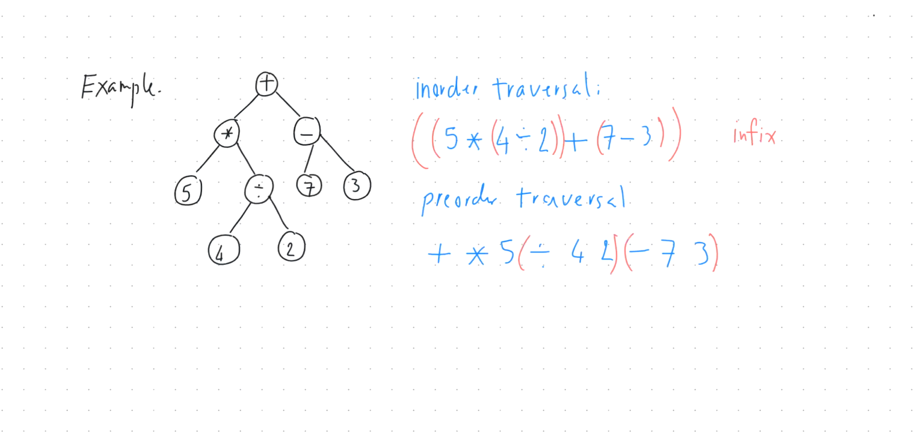So divide 4 by 2, and then multiply 5 by that. And then finally, the addition of this expression and this expression is the entire expression. Okay, so as I said, this is called the prefix notation, which has its own advantages in comparison.